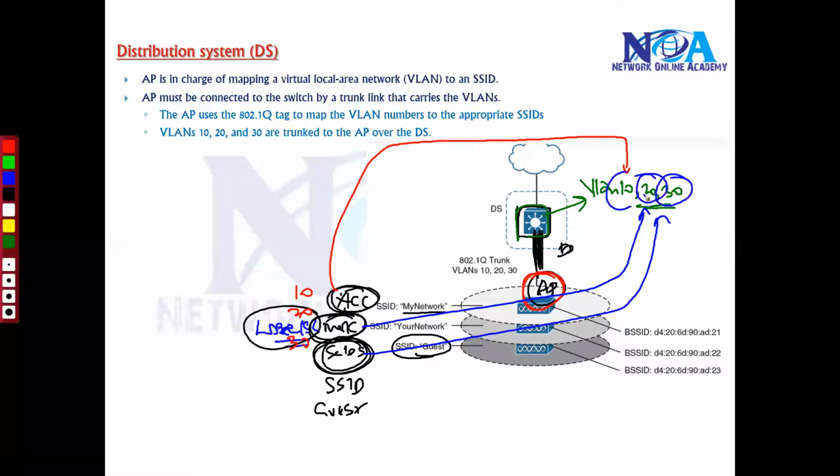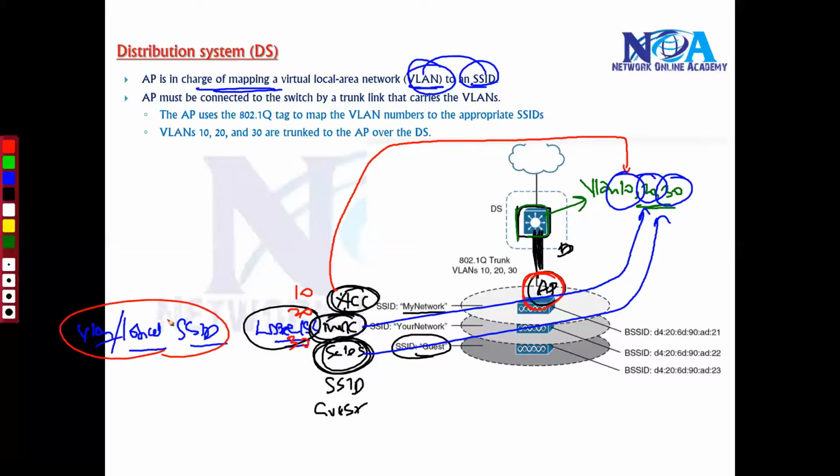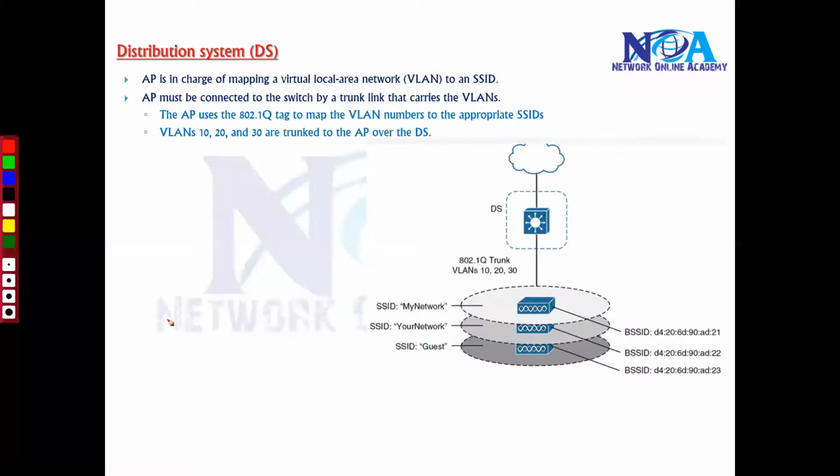So basically, this access point is responsible for mapping your VLANs to the SSIDs, so that each SSID represents one separate logical network or one logical VLAN. And when we do these configurations on the access point, you have to specify which SSID correlates with which VLAN. That's something you have to do.